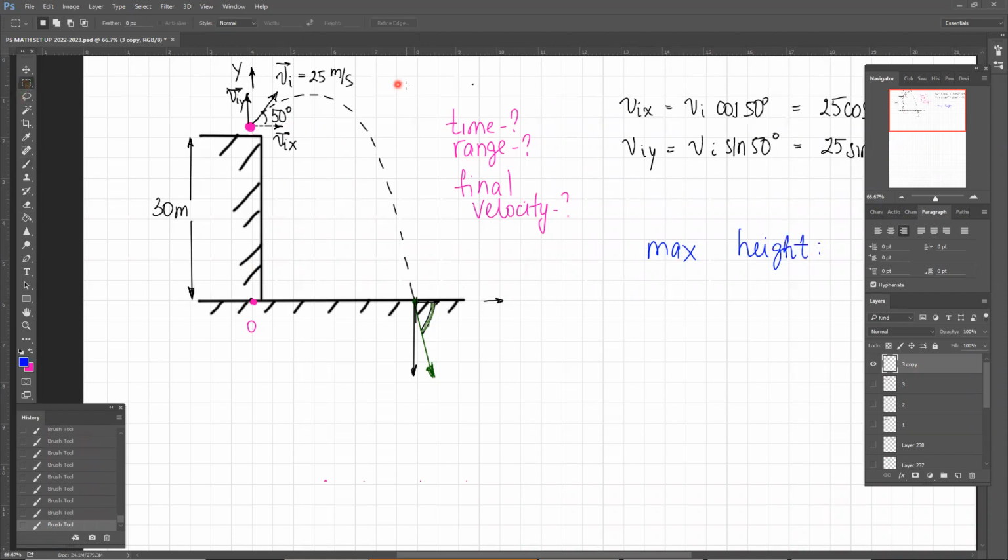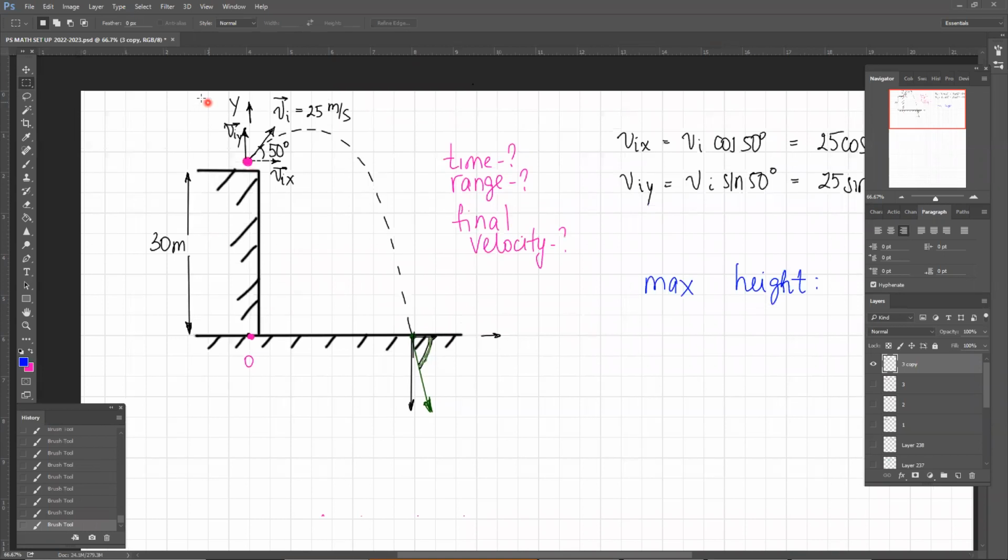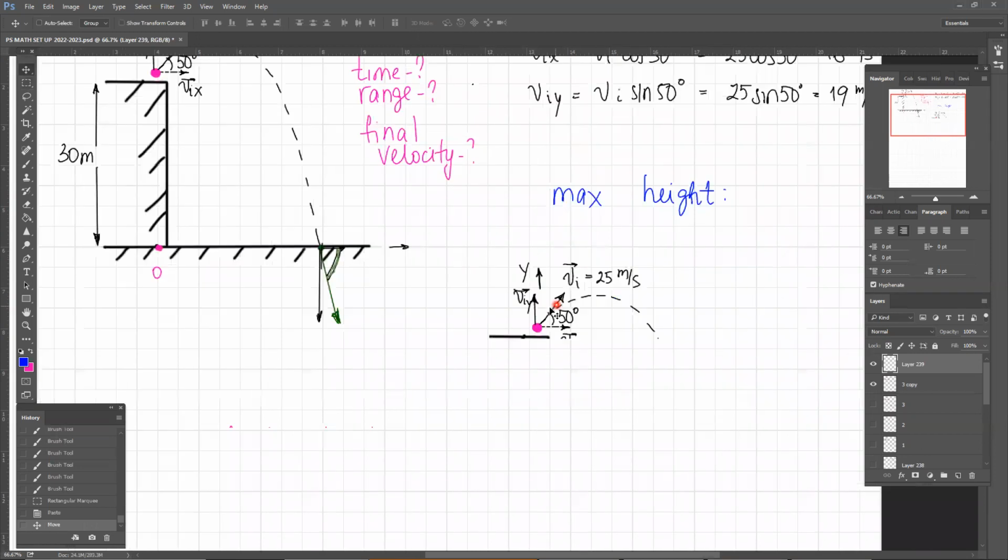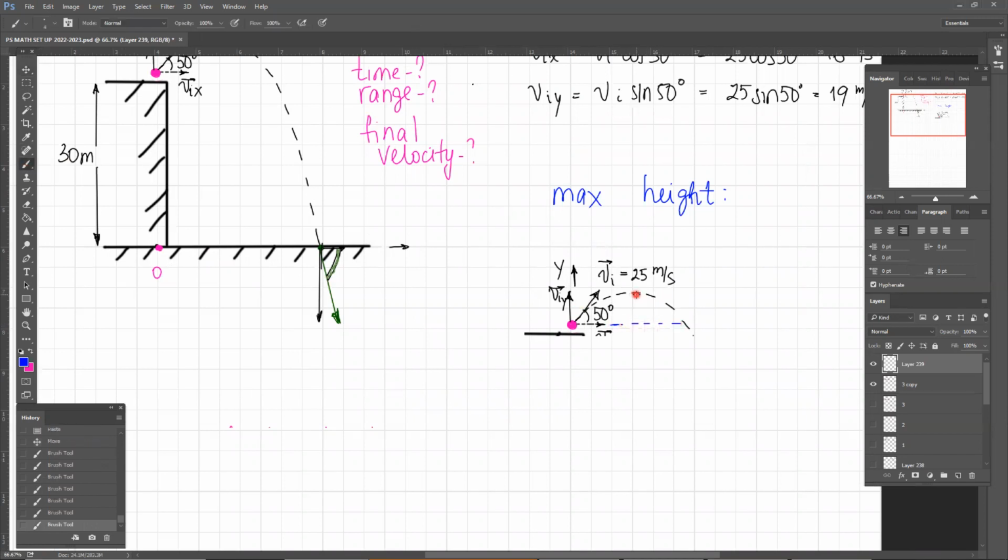I'm going to cut this piece and solve it separately as if it was flying from the ground. And we have seen those cases before. So that's the maximum height that we need.